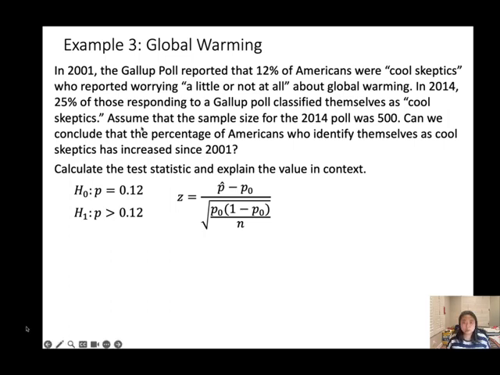Since they say to assume that the sample size for the 2014 poll was 500, and in 2014 the 25% here is the sample proportion, the sample proportion will be equal to 0.25. And for P naught here, we always use the null hypothesis, which is 0.12. And n, the sample size, will be 500.